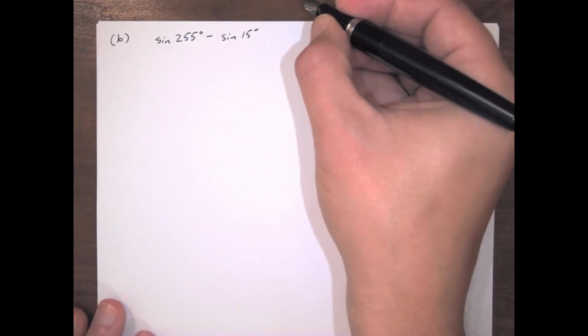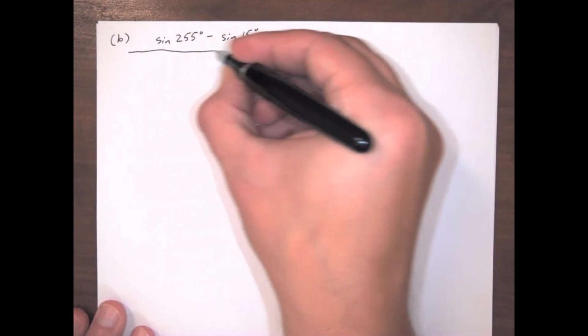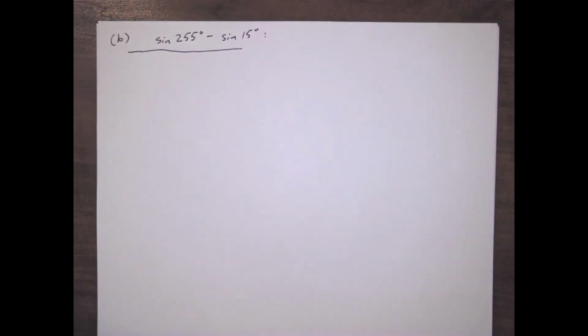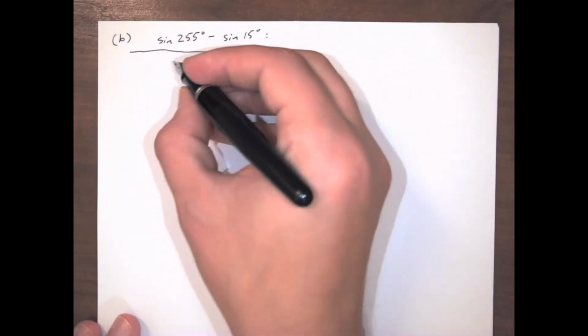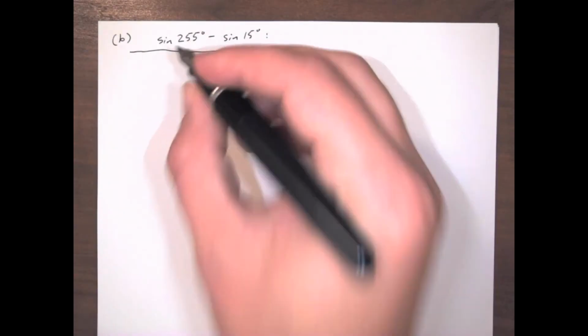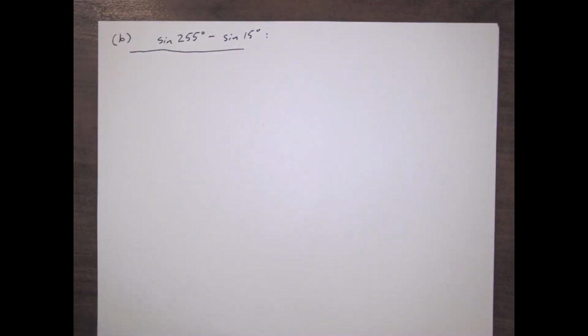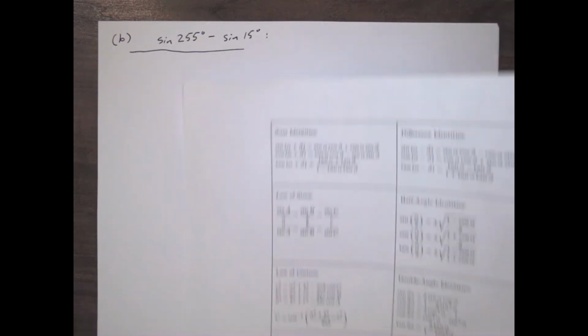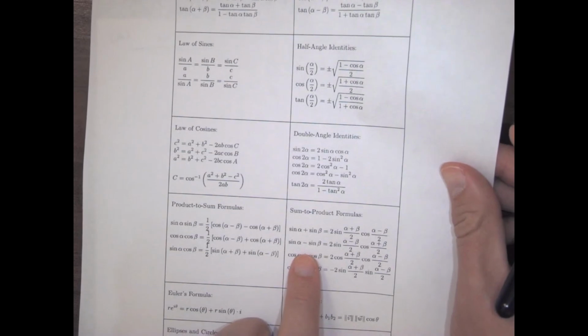Now notice, by the way, we could technically evaluate this by breaking it into two parts and using the sine addition or subtraction formulas, but that's exactly what these are all based on. So now we just look over the list of the sum to product formulas, and we find the one that matches this. So sine minus sine.